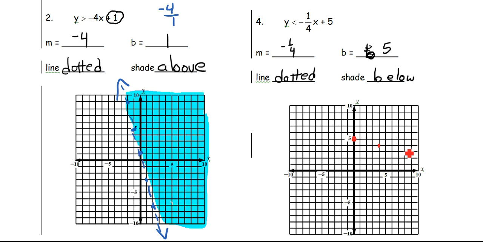And then I can continue my pattern the other way, except I'm going to go up 1, left 4. 1, 2, 3, 4. And I've got to put in a dotted line or a dashed line.